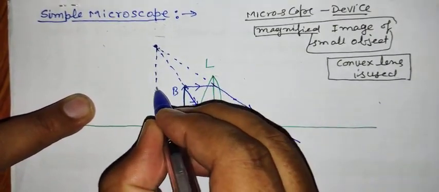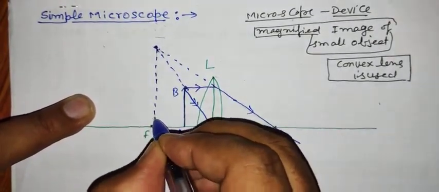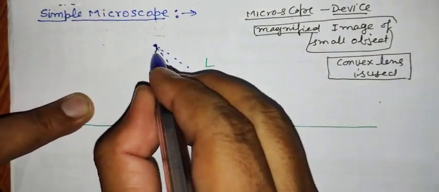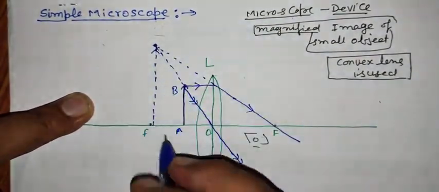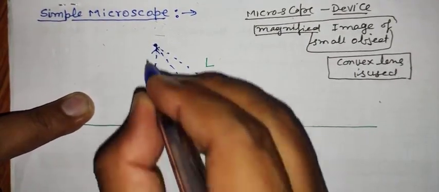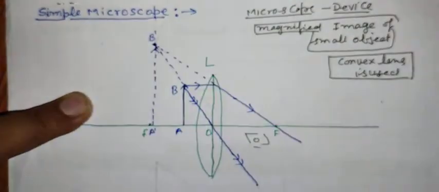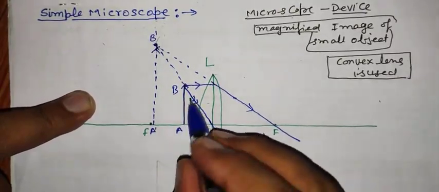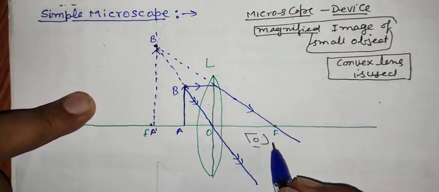Join both. A dash, B dash is the image formed by this.